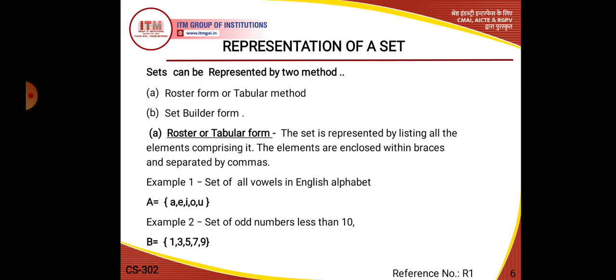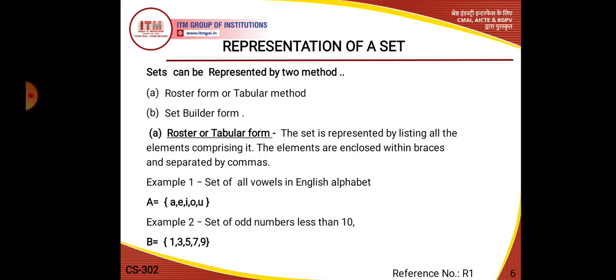Now this is the definition. In this form, the set consists of elements and these elements are separated by comma. Then this type of form we can say it's a roster form.